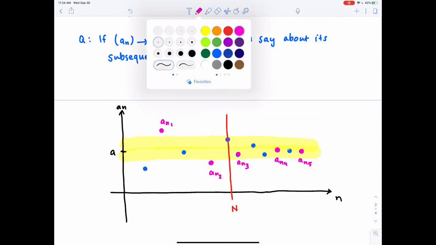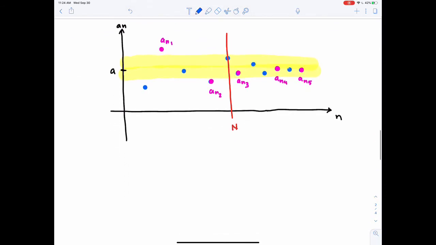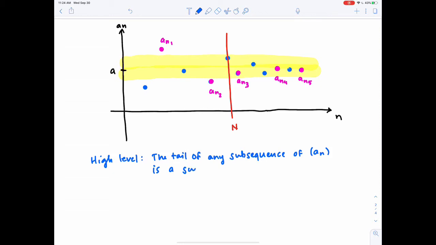So high level, the tail of any subsequence of AN is a subset of the tail of AN.